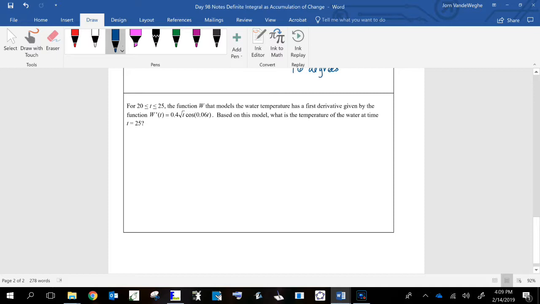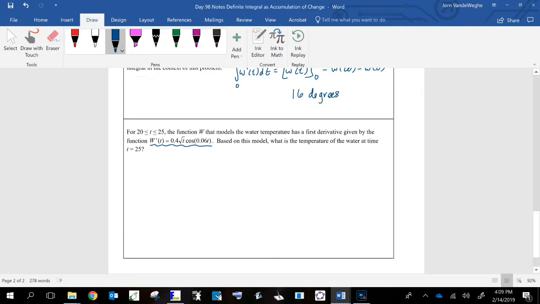This next question is a calculator active question. And what you end up doing here is taking, for the function w that models the water temperature, this is the first derivative right here. What is the temperature of the water at t equals 25? Okay, notice that w prime of t only applies from 20 to 25.